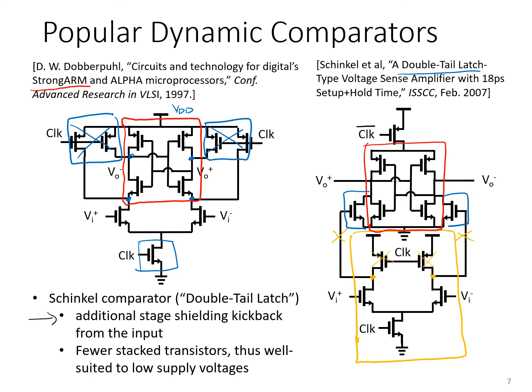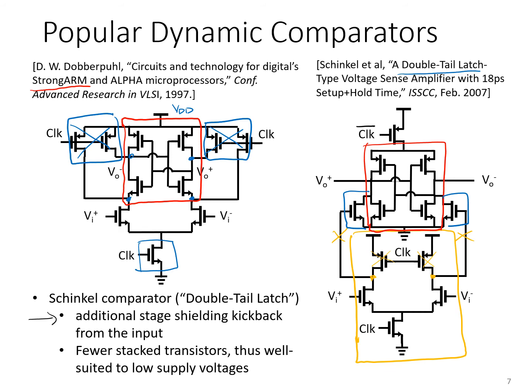You'll also notice that the regenerative core, circled in red there, really just has one transistor stacked on top of it, and that's the clock transistor. When it's turned on, it enters triode strongly and has a relatively small VDS across it. Whereas if you compare that with the comparator circuit on the left and the comparator circuit presented earlier in the slides, you'll notice those comparators have more transistors stacked on top of each other.